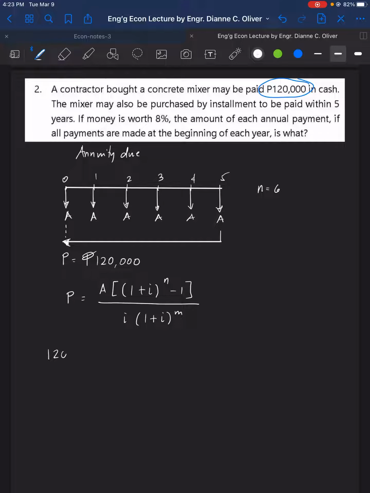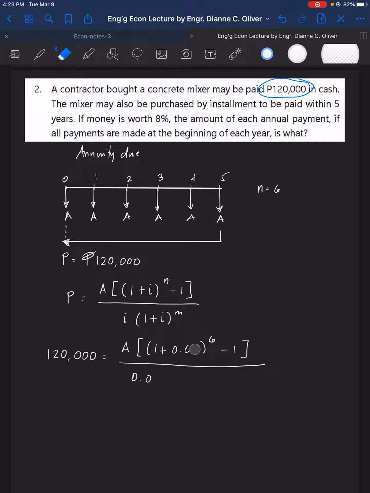So that is 120,000 is equal to A times 1 plus 0.08 raised to 6 payments, minus 1, all over i, which is 0.08, times 1 plus 0.08 raised to 5. So we can calculate now for the value of A.